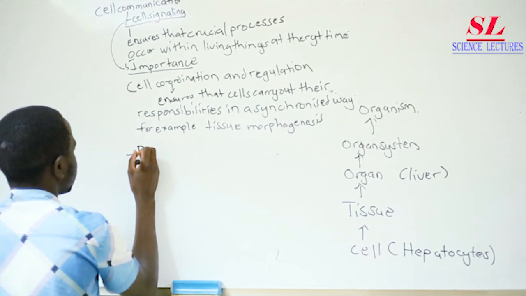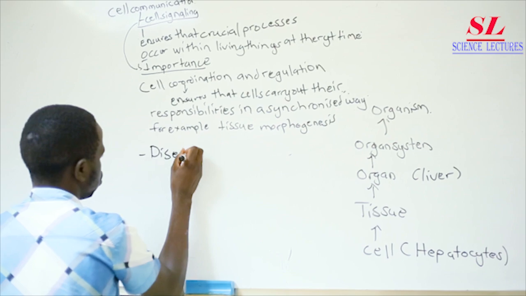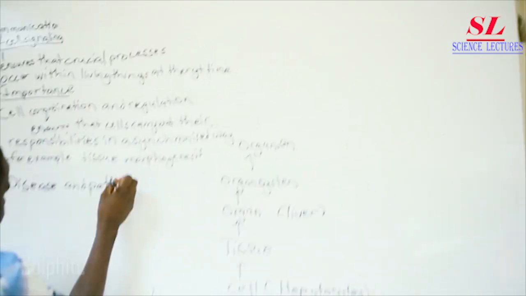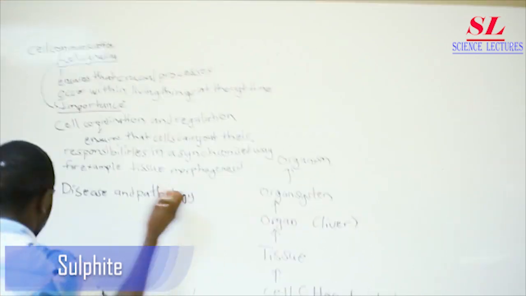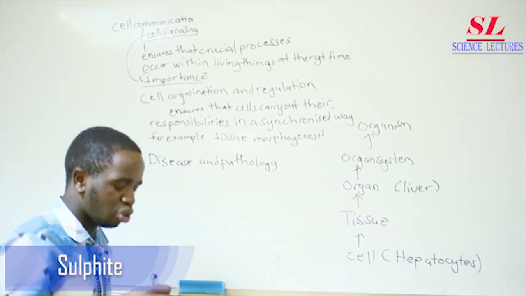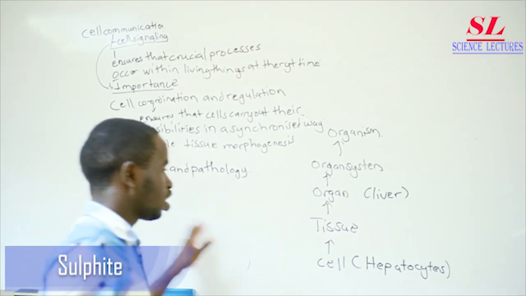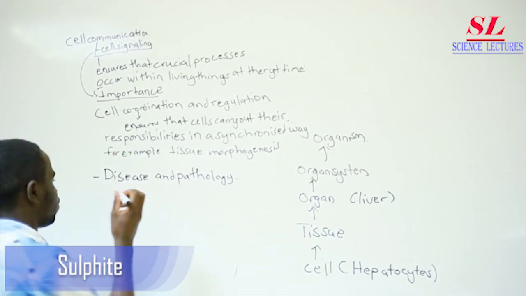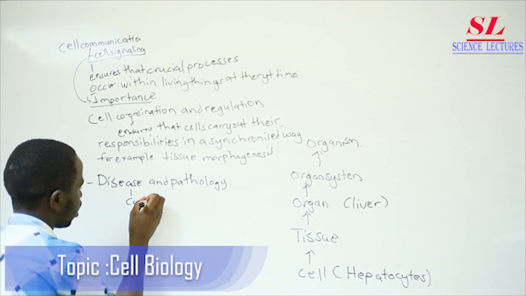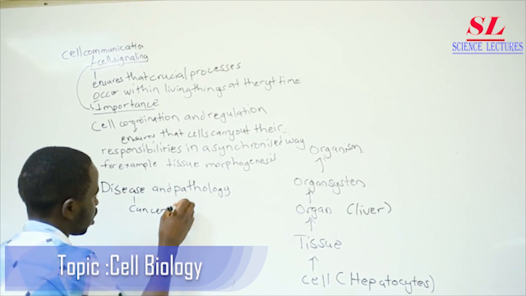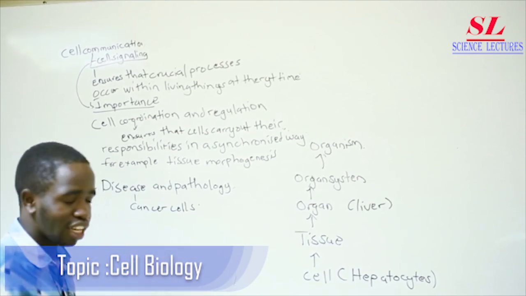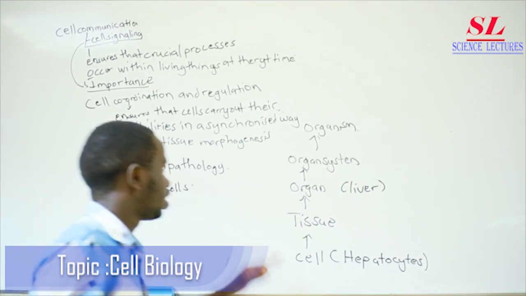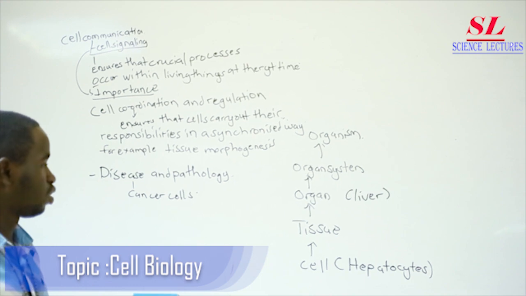The other function is disease and pathology. Any disorder or any defect in cell signaling will be responsible for very many diseases and disorders. For example, we've heard of cancer cells. As we shall be discussing later, cancer cells usually arise by disorder in any of the types of signaling.